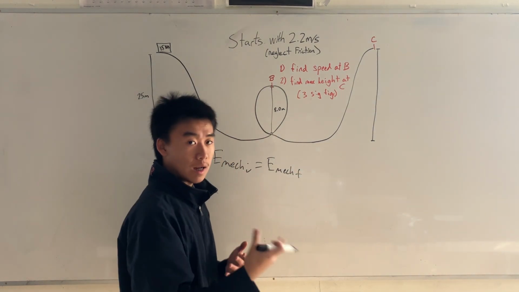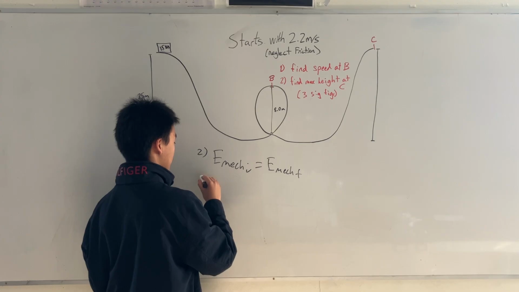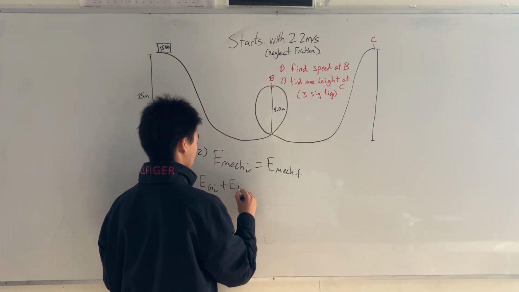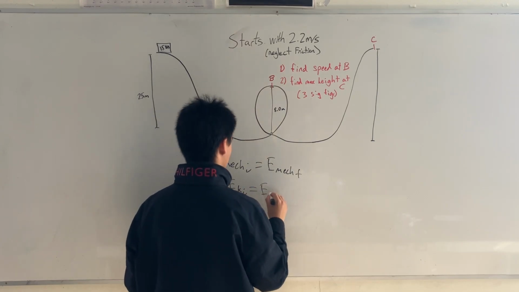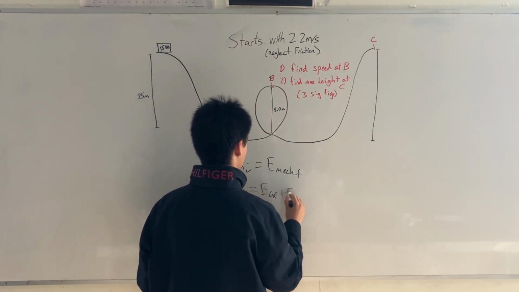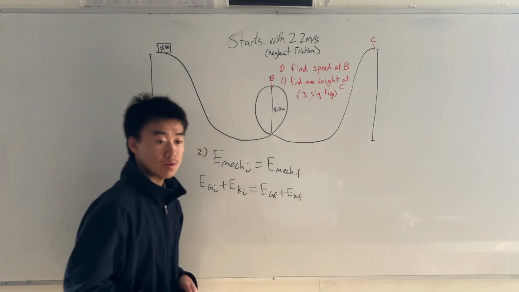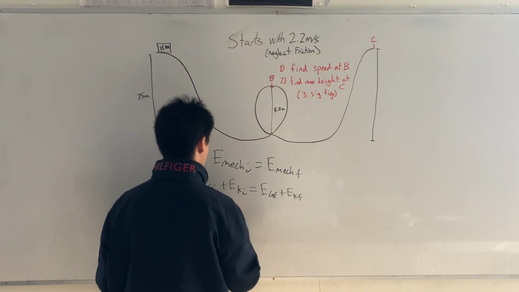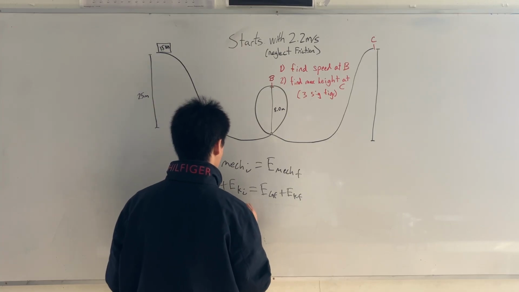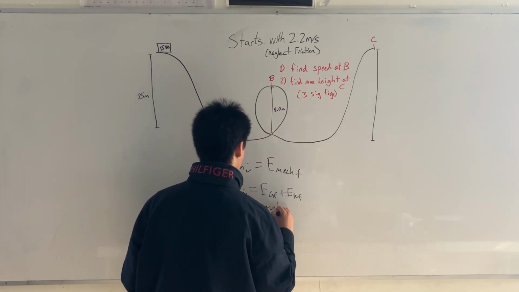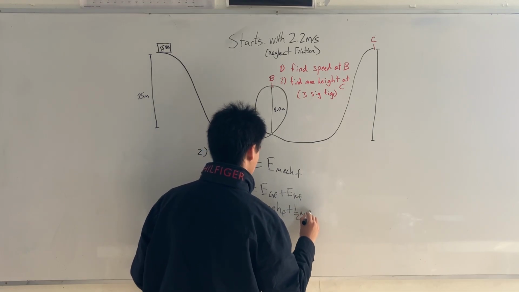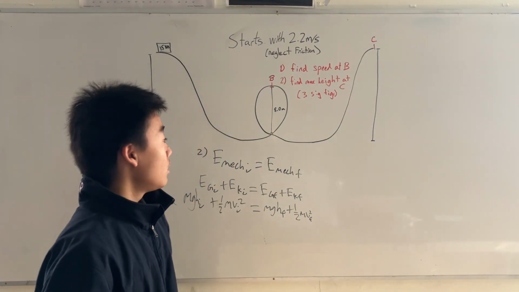Then we can sub in our formulas for energy. Okay, now subbing in those formulas, we get mgh initial plus 1/2 m v initial squared is equal to mgh final plus 1/2 m v final squared.